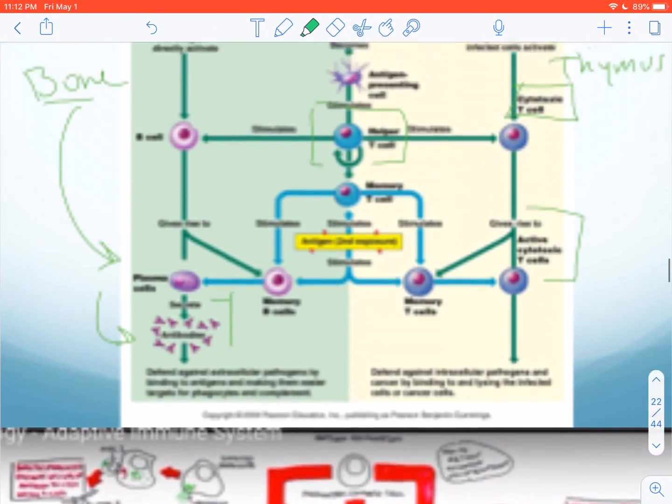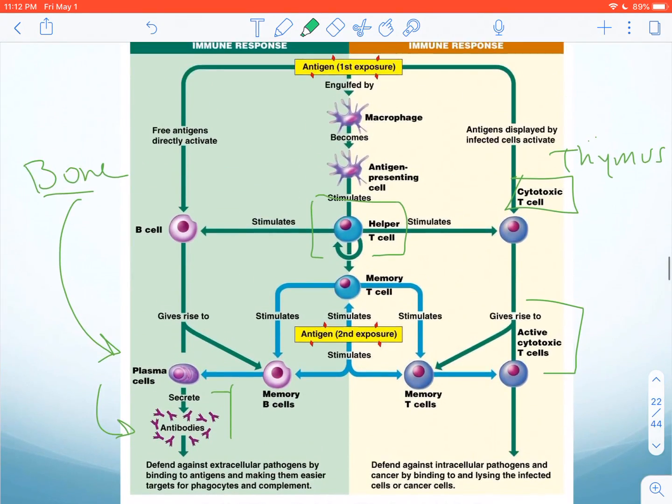But I wanted to show you the memory component of this. So up here now, these are memory T cells, and then there are memory B cells here. These cells are just floating around. They've already been activated by the T cell. They're waiting around to fight a virus, or bacteria, whatever.